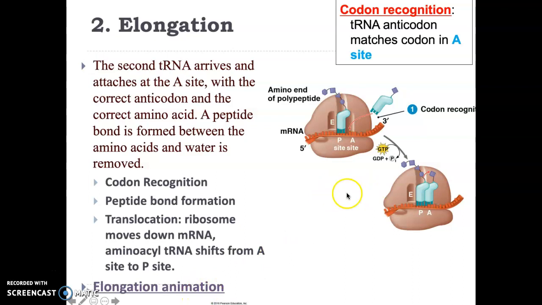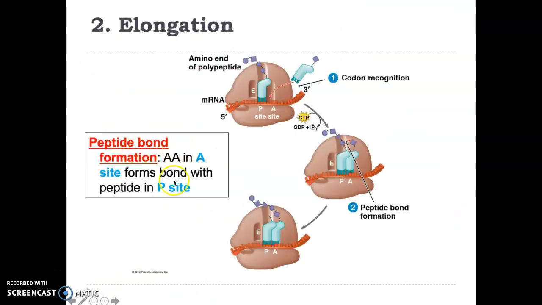It's just a few seconds long. But peptide bonds will be formed. Here's the second amino acid coming into the A site. This is tRNA. There's the amino acid coming in. And then a bond is going to be formed between these two. That's the peptide bond. And you can see that we've got a growing polypeptide right here.